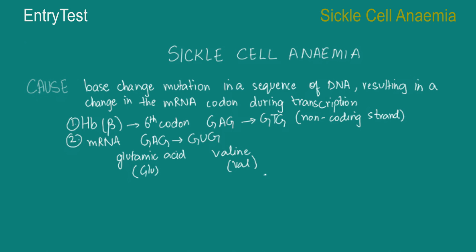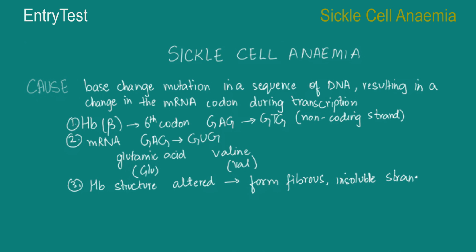Now this change of amino acid alters the structure of hemoglobin. So the hemoglobin structure is altered in a negative way, obviously. And this causes it to form fibrous and insoluble strands. So this happens in the hemoglobin molecule.